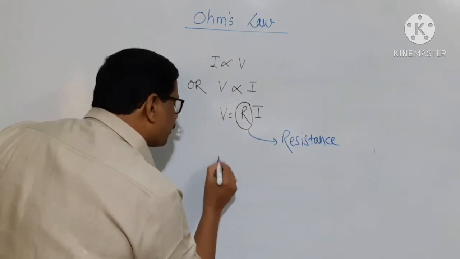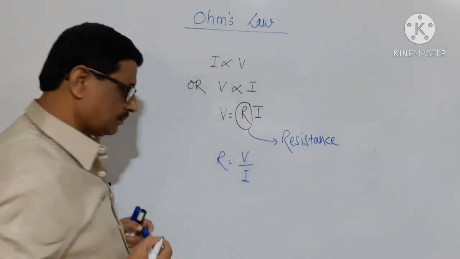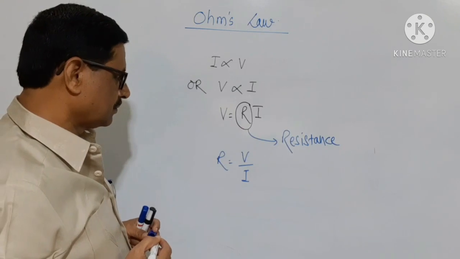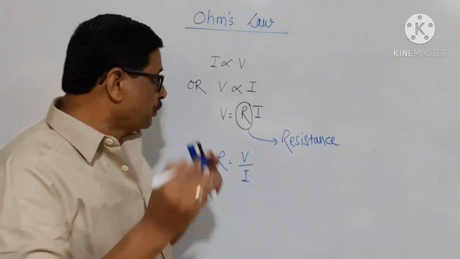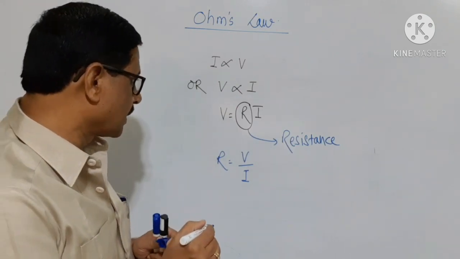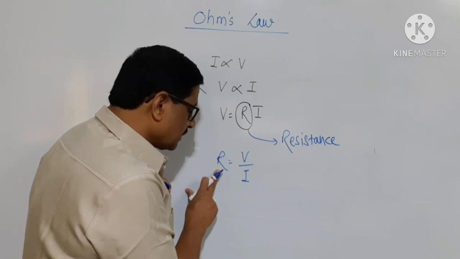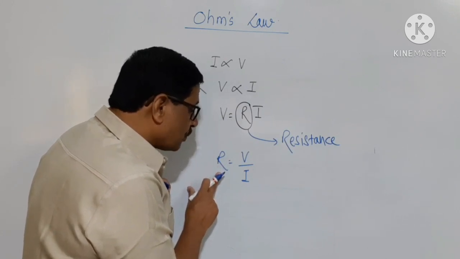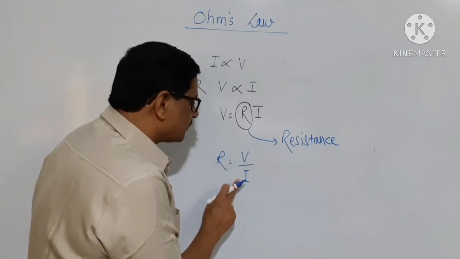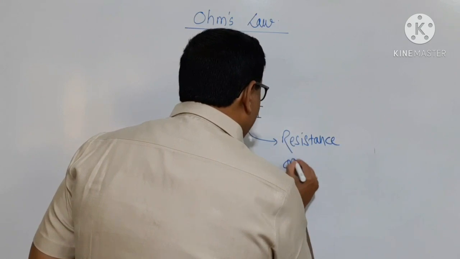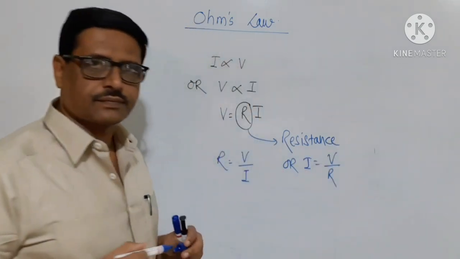This resistance of a conductor is equal to V divided by I. Now, you will see that this resistance of the conductor R is equal to the potential difference divided by the current, or I will write here, the current is equal to V divided by R.